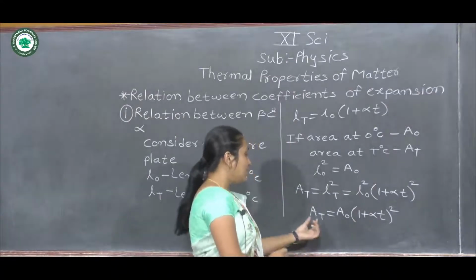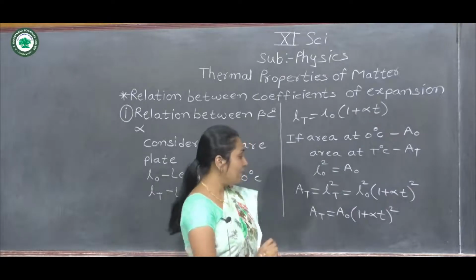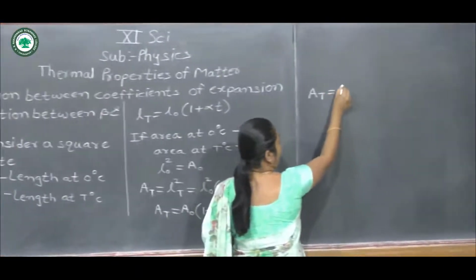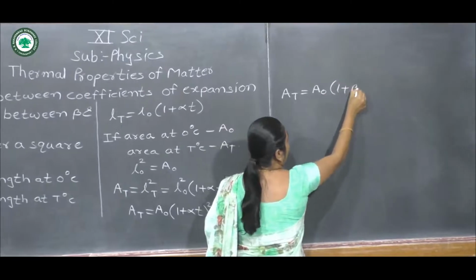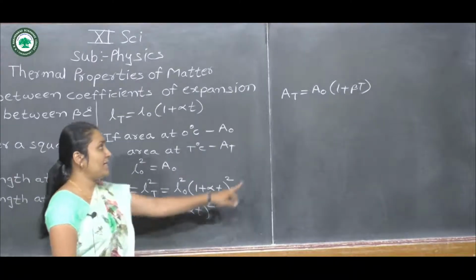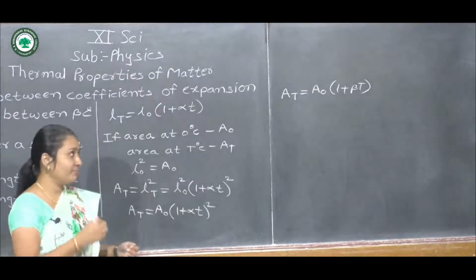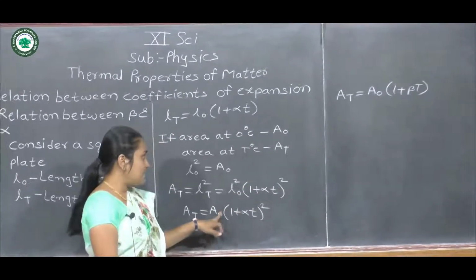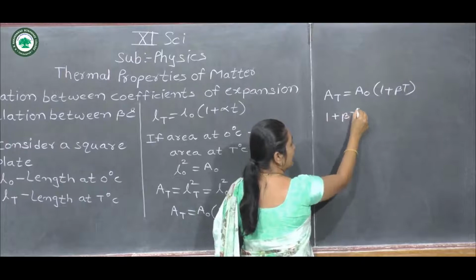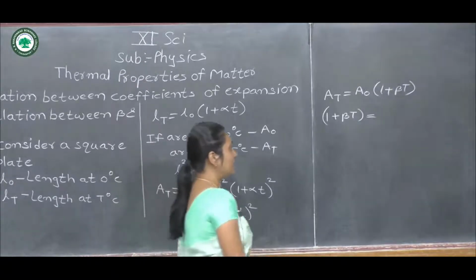We know that the area considered for the coefficient of areal expansion is given as AT is equal to A0 in bracket 1 plus beta T. By comparing these two equations, the LHS is AT and A0 is common, so we can write 1 plus beta T is equal to 1 plus alpha T bracket square.